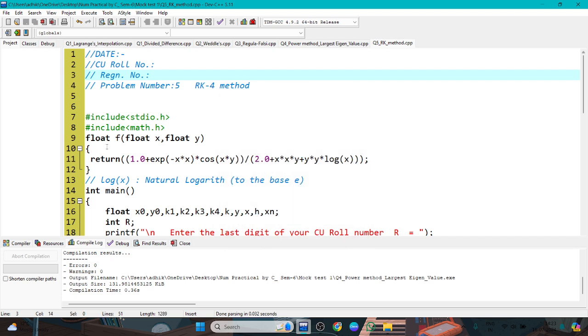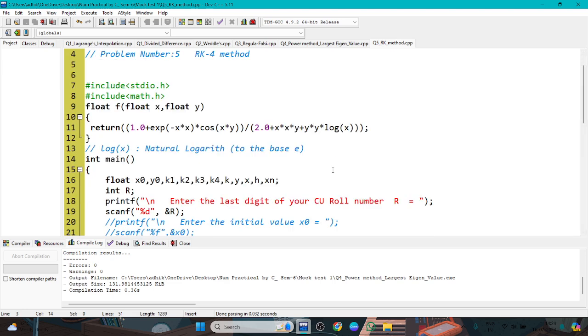First define the function: float f of float x, float y, return (1 plus e to the power minus x square into cos xy) whole divided by (2 plus x square y square), x square y plus y square log x. This log x means the log to the base e.